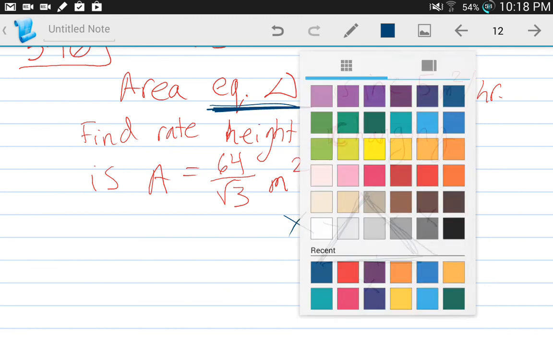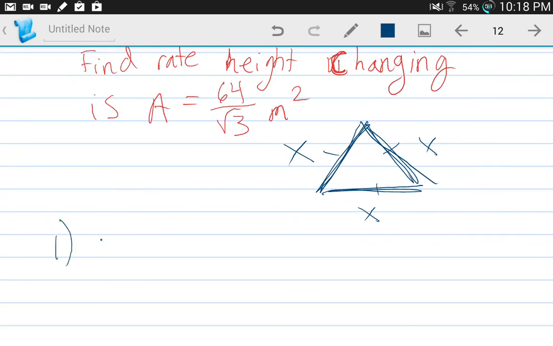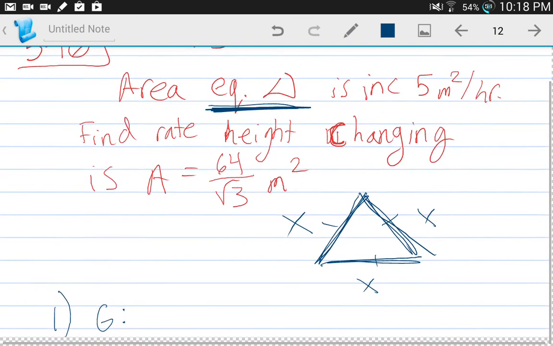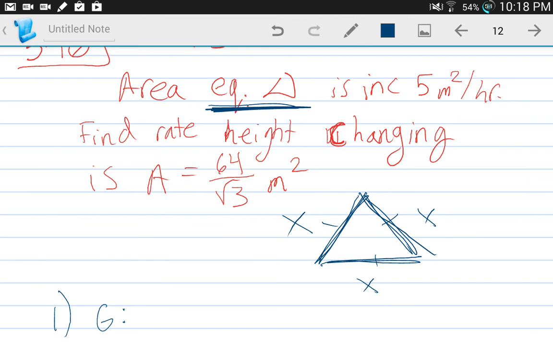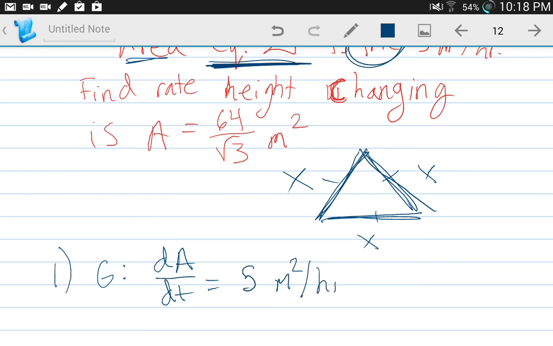And so we want to think about first, what were our givens? Well, our givens were that the area is increasing, right? So the area is increasing, that means it's a rate. So dA over dt equals 5 meters squared per hour.